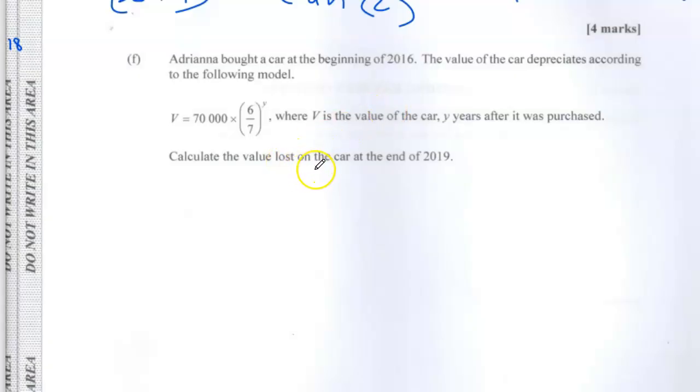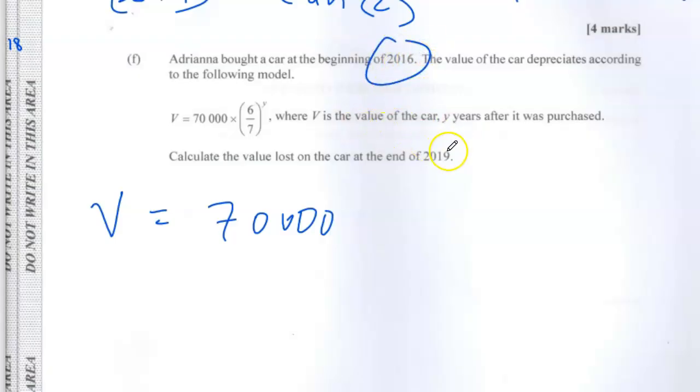Calculate the value lost on the car at the end of 2019. Alright, so the new value, so 70,000, and it was bought in 2016, so it's now 2019, so the number of years will be 3 years, alright?